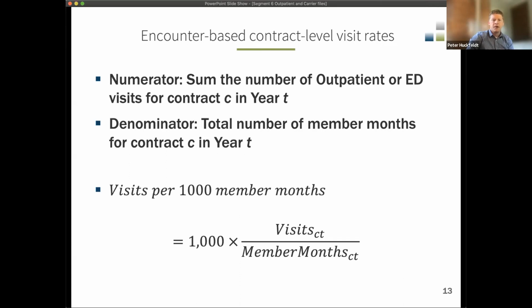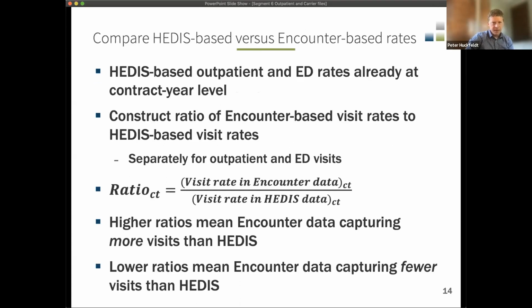Once we have this measure, we're going to compare that encounter-based visit rate, which is now at the contract year level, to the HEDIS-based visit rates, which are already at the contract year level.